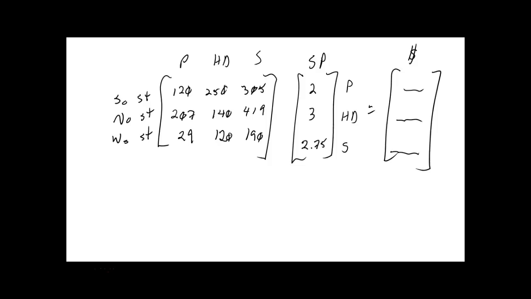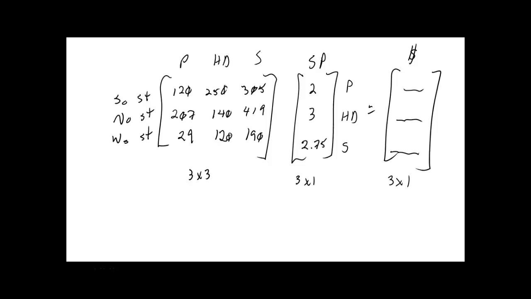Now, a few things to note here. What was the size of the first matrix? It was a 3 by 3 matrix. What was the size of the second matrix? A 3 by 1 matrix. And the third matrix? 3 by 1 also. Now here's the key, folks. This doesn't prove it, but it's true. When you list them like this, the number of columns in the first matrix must equal the number of rows in the second matrix.